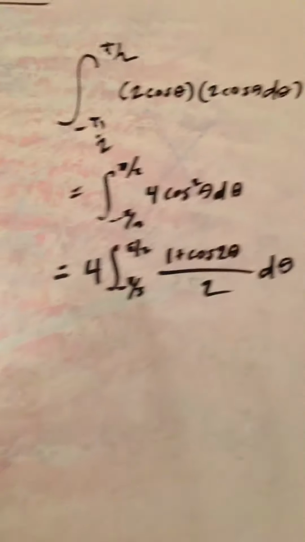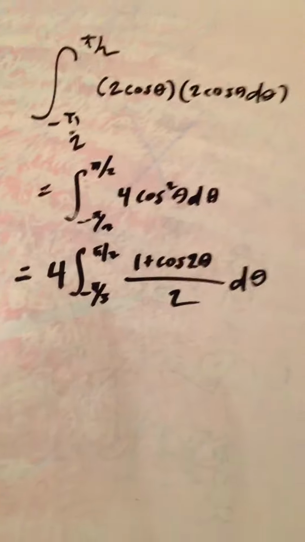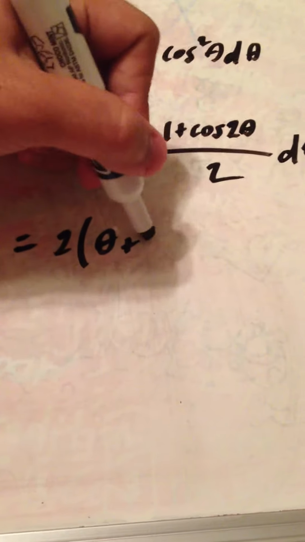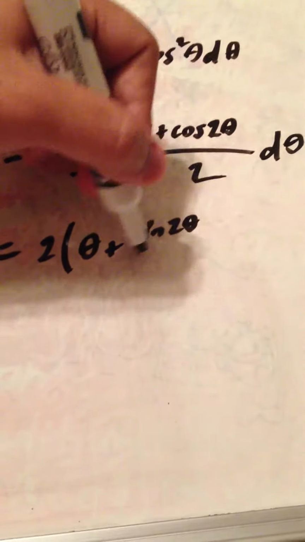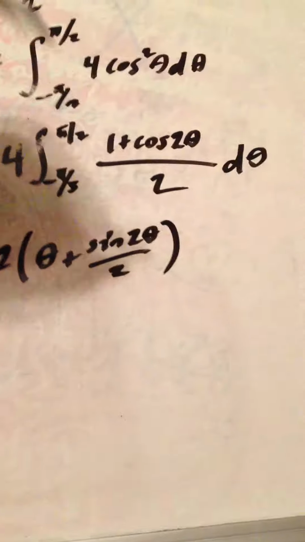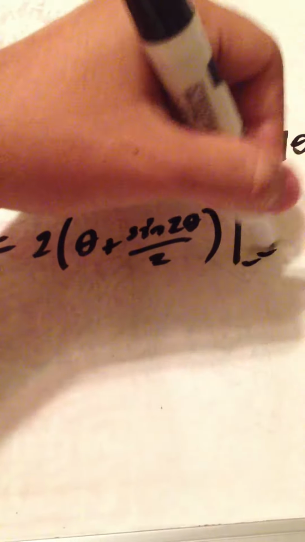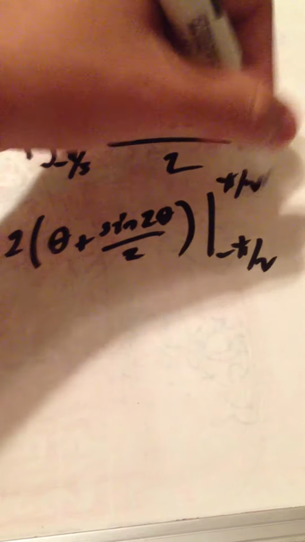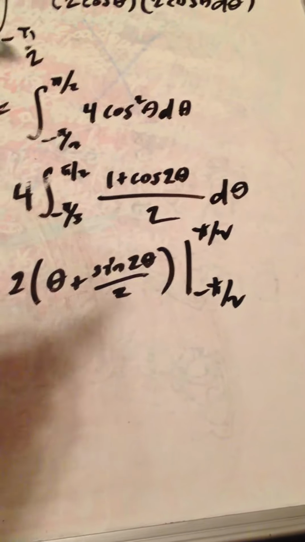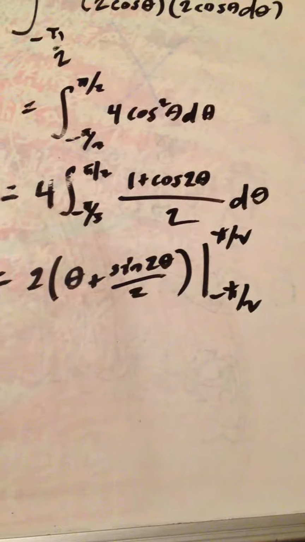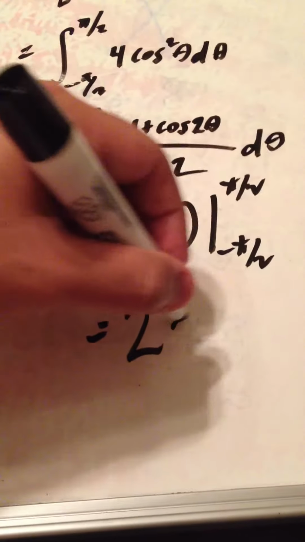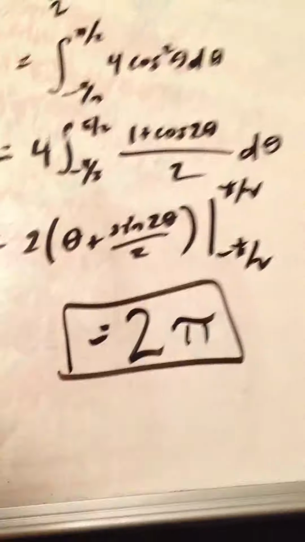Once we do some algebra simplification, we find that that equals 2 times (theta plus sine of 2 theta over 2), from -pi/2 to pi/2. Then we substitute pi/2 into there, minus what we get when we plug in -pi/2, and the final answer is 2 pi.